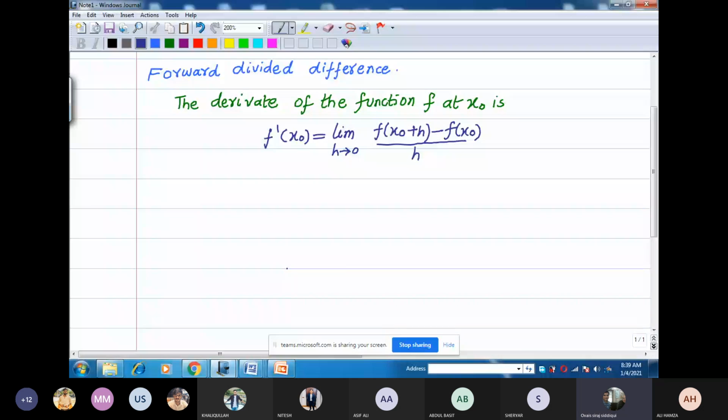Now this formula gives an obvious way to generate approximation to f slash of x naught.